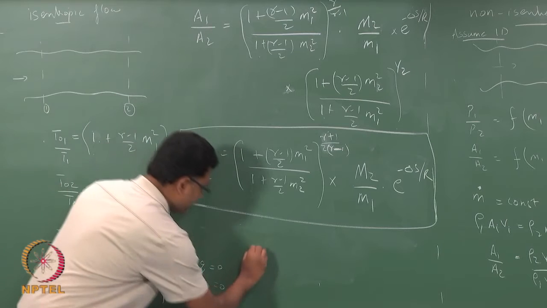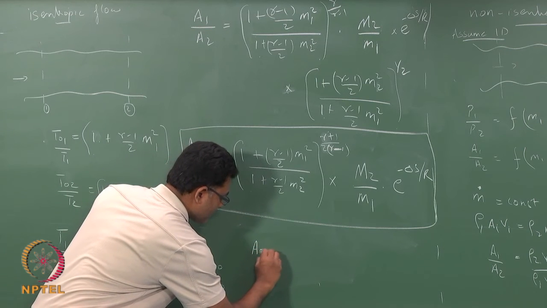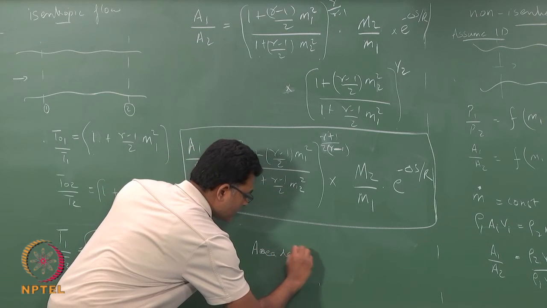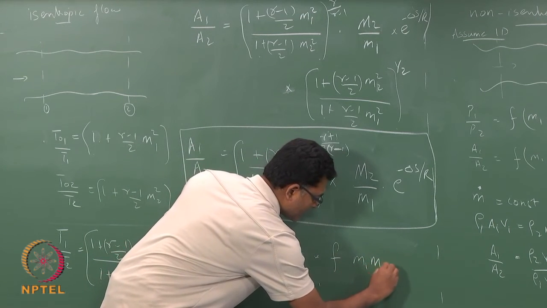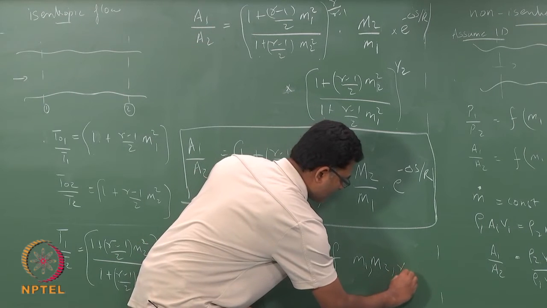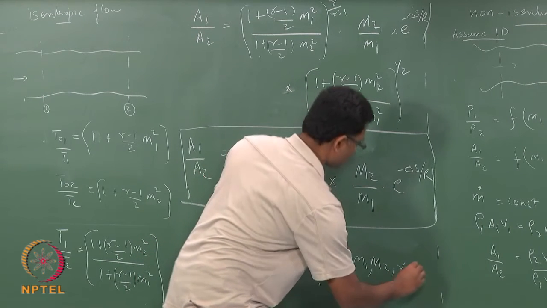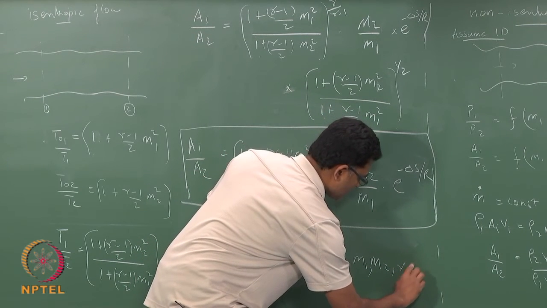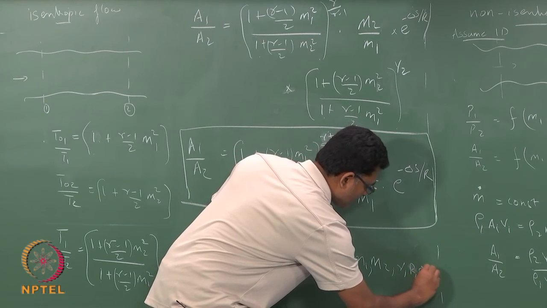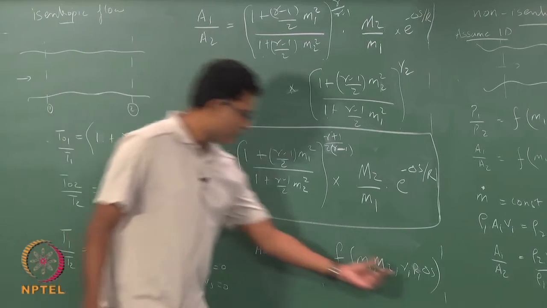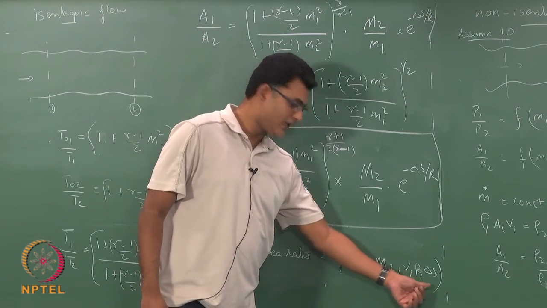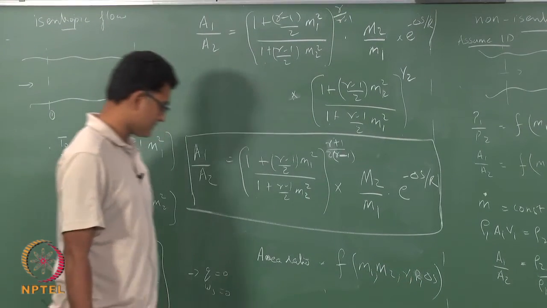So, my area ratio is a function of M1, M2, gamma and R and delta s. So, it depends on the fluid, M1, M2 and your irreversibility.